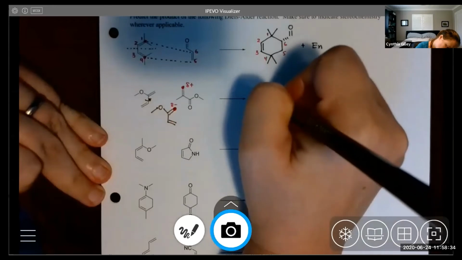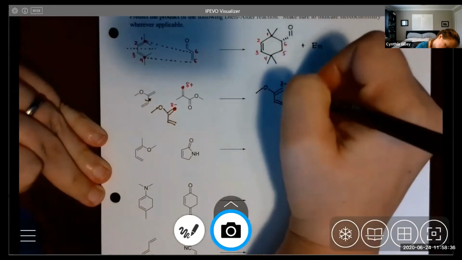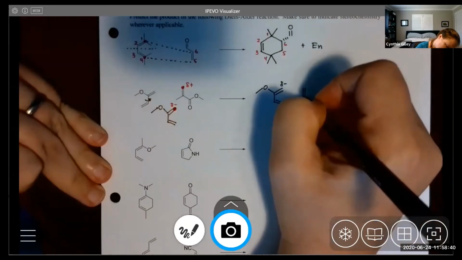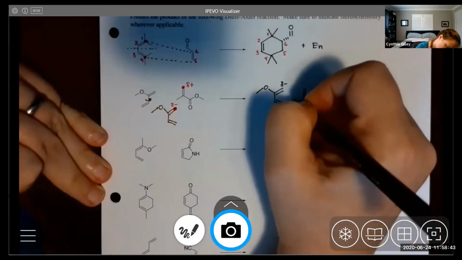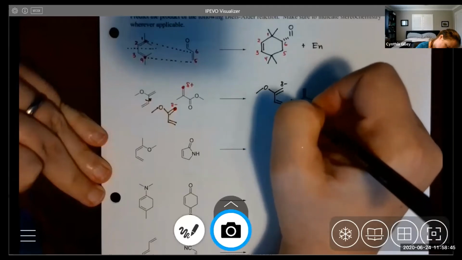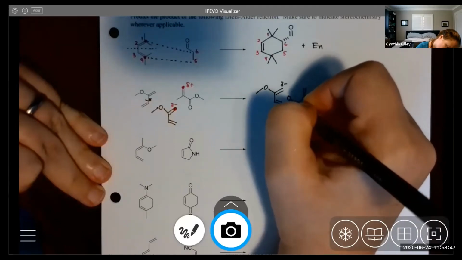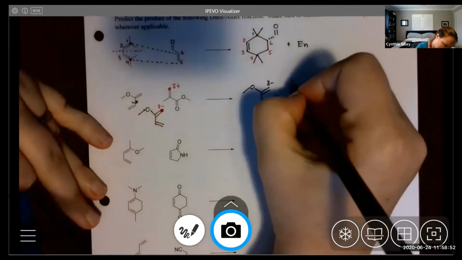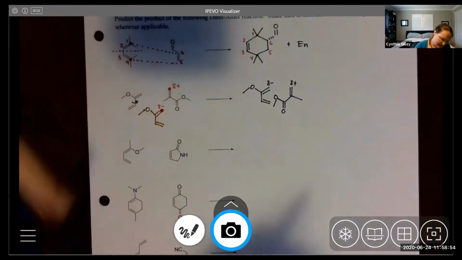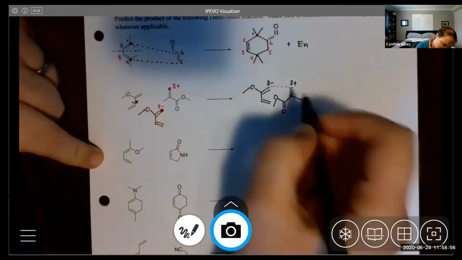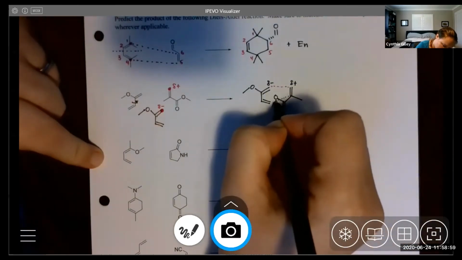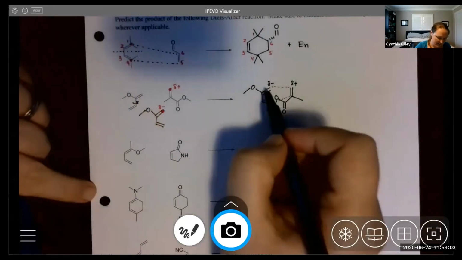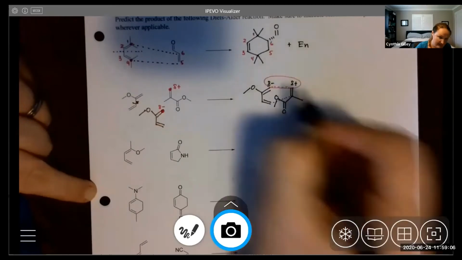So right now I have my delta negative aligned with my delta positive. That's good. So this is the correct alignment that I need to make sure.